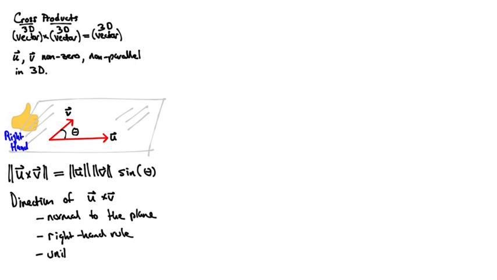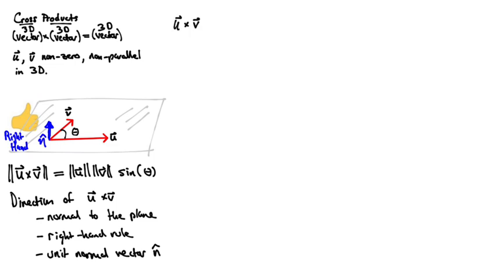We're going to have a unit normal vector that we call n hat to indicate that direction. According to the right hand rule, it's going to be pointing upwards, normal to the plane. So a unit vector n hat at a right angle to that plane. I start with u, I curl my fingers towards v, my thumb goes up.